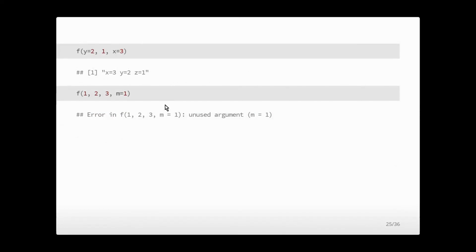And if you try to give it an argument that it doesn't use, it's going to complain. We've probably run into this when asking R to do something and giving it an argument, and it says that's not the name of the argument that I want.